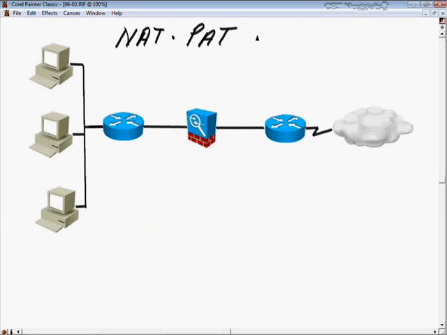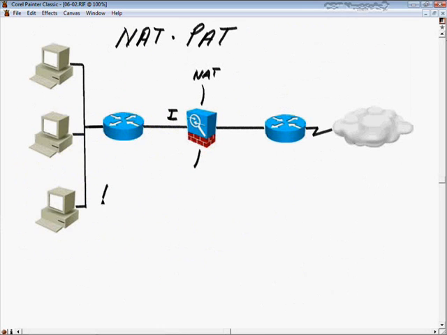Now the advantage of NAT, network address translation, is that on this side of our firewall or our NAT device, and the NAT device could be a wide variety of networking devices, on the inside of our network, we can use any network addressing scheme we want to.